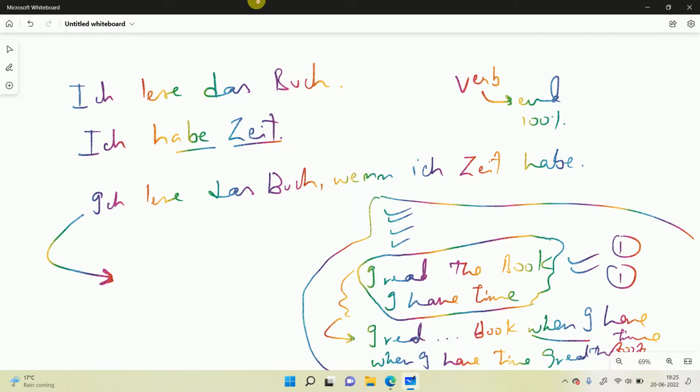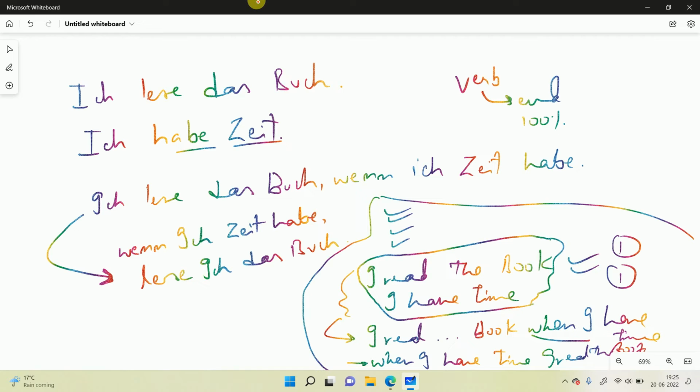As we did, Ich lese das Buch, wenn ich Zeit habe. So the same sentence can be converted in the same way, and now it becomes something like this: Wenn ich Zeit habe, comma is most important. Then comes lese ich das Buch. Right?